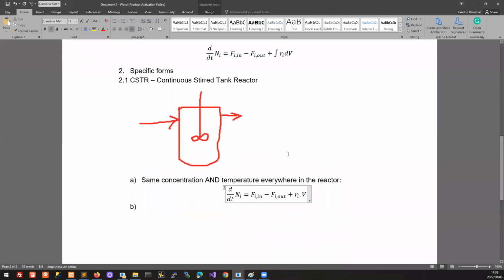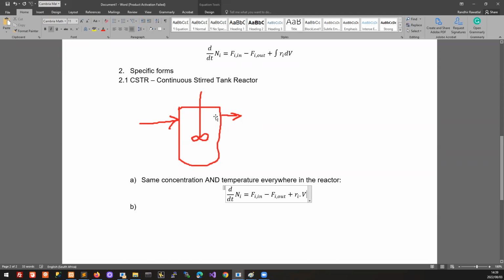And then the second thing is that if the concentration and the temperature are the same everywhere in the reactor, that will also include points right next to the exit point from that reactor. So once more, the concentration is the same everywhere. And so the concentration immediately next to the point of exit is also the same as what's in the rest of that reactor.